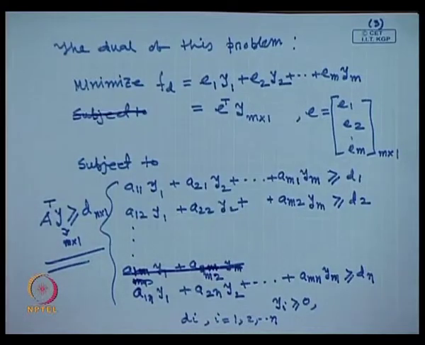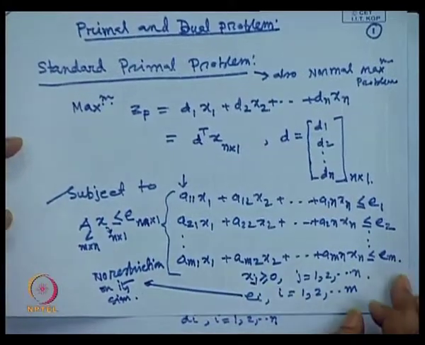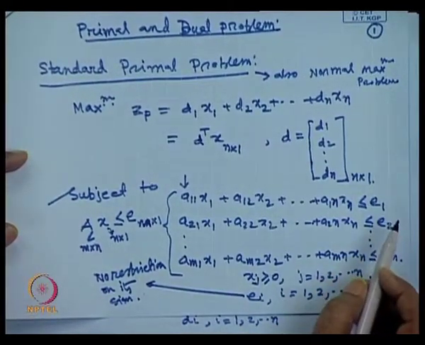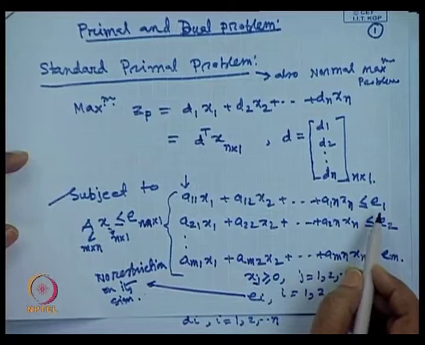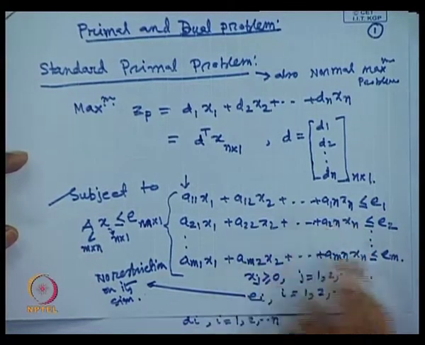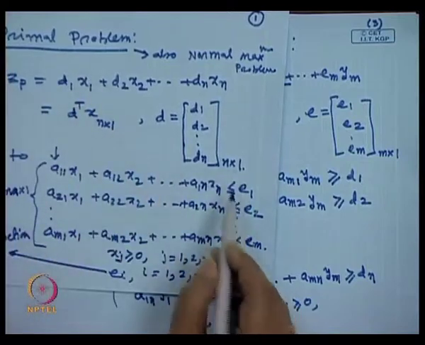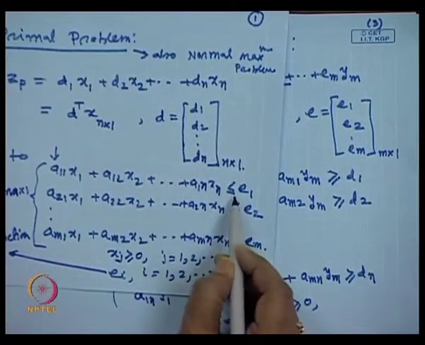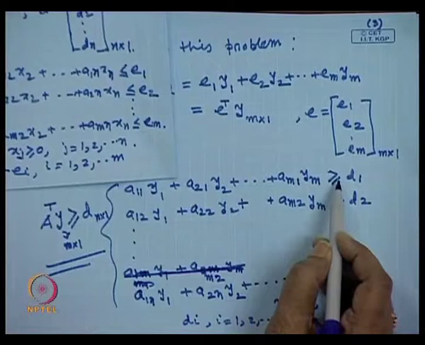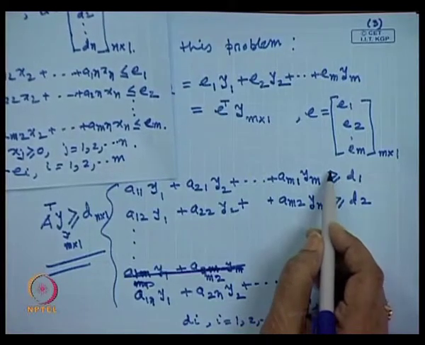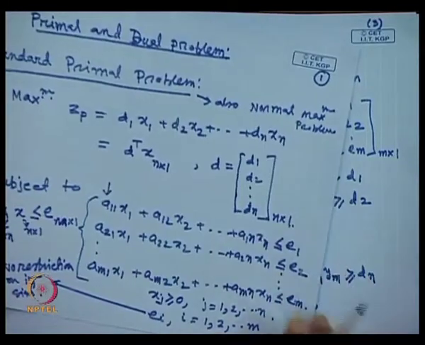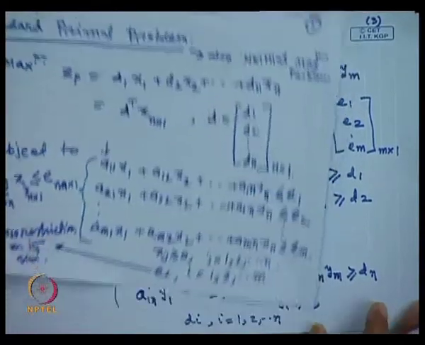Then the inequality constraints are reversed in direction. The primal problem inequality is less than equal to type, and the dual problem is reversed in direction, greater than equal to. This is the fourth one.